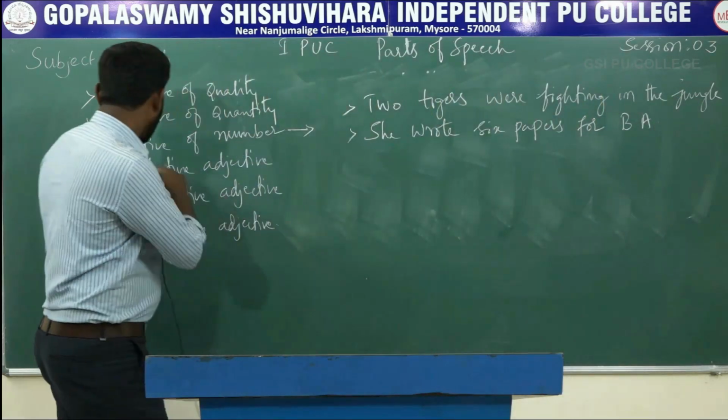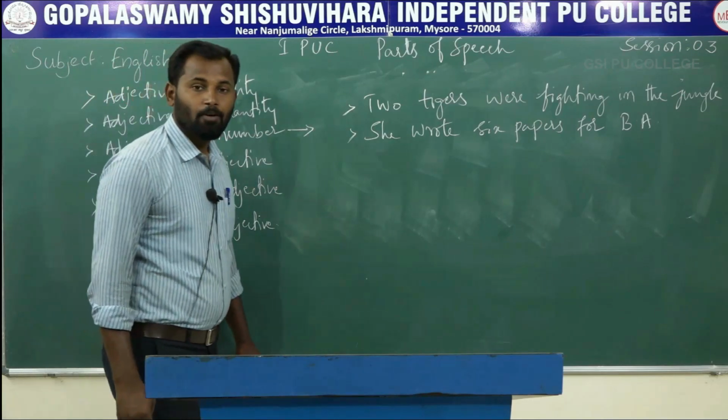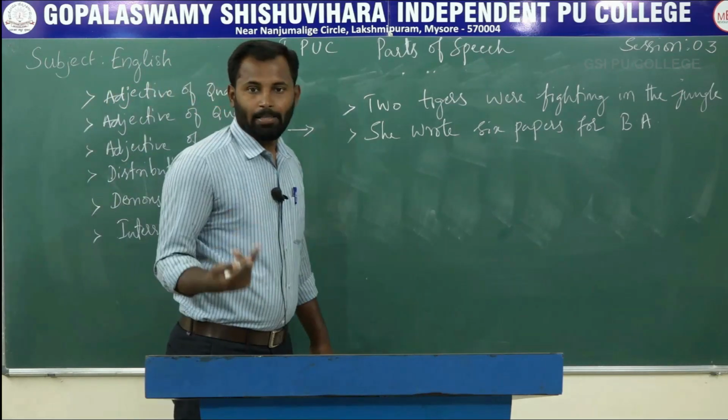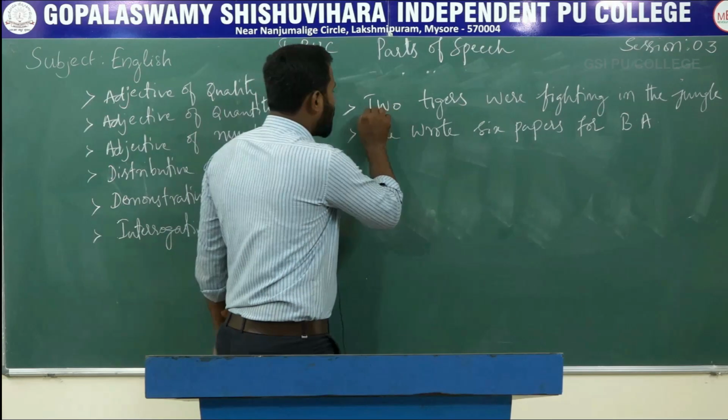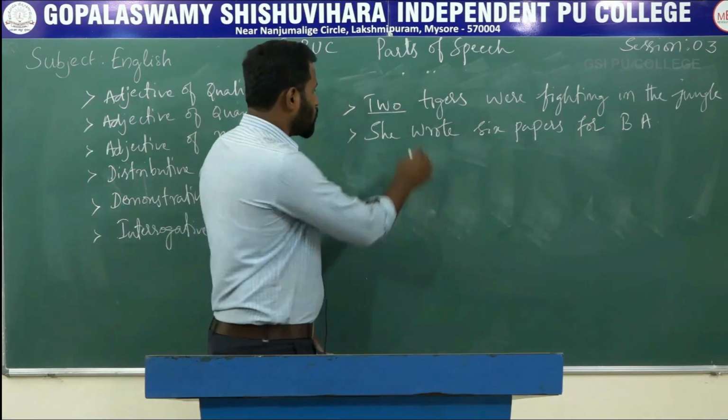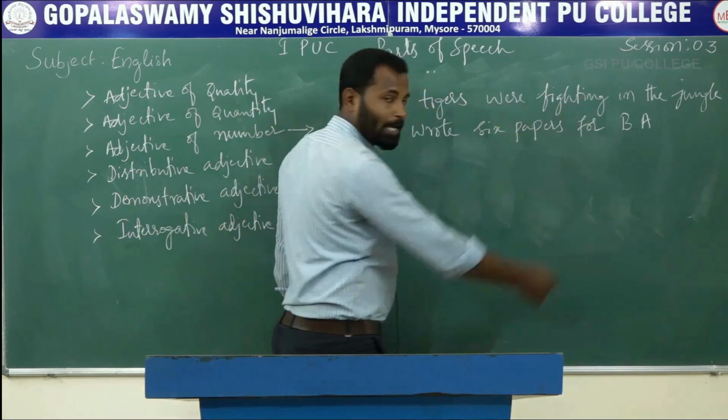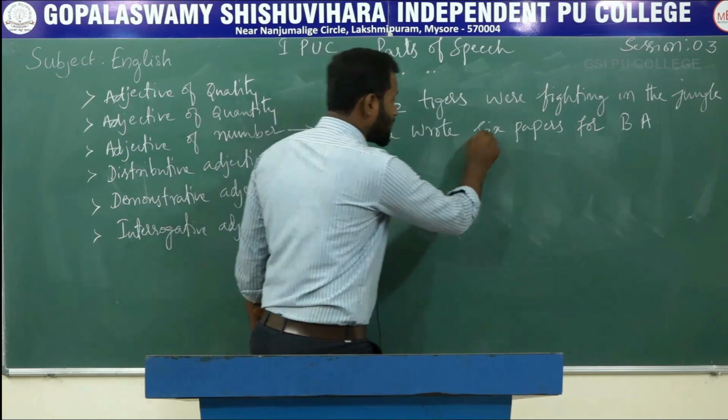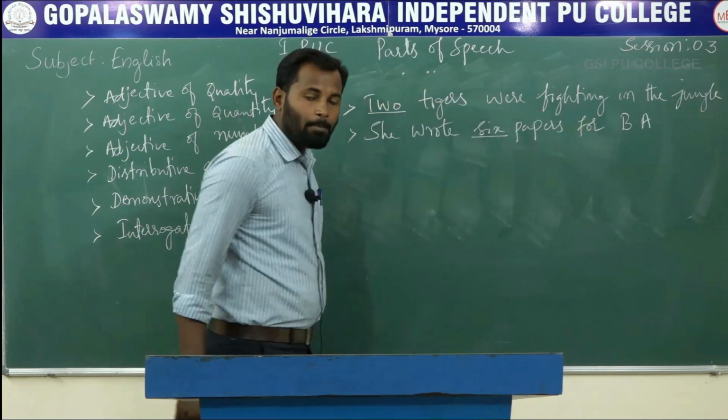So I have already told adjective of number is a word that talks about the number of things. So here you have an exact number. Two tigers were fighting in the jungle and she wrote 6 papers for BA.